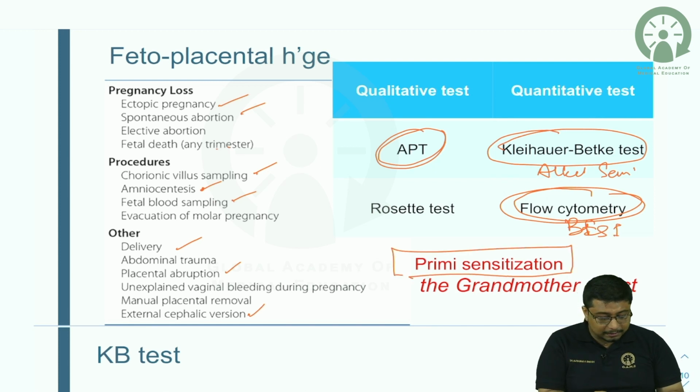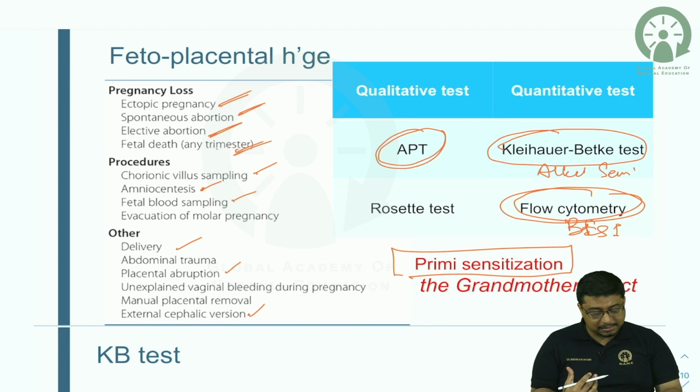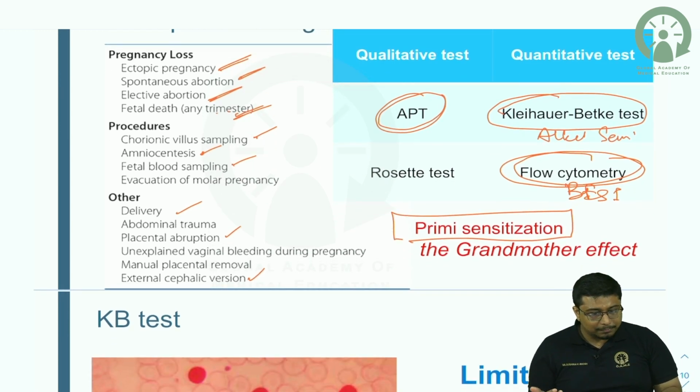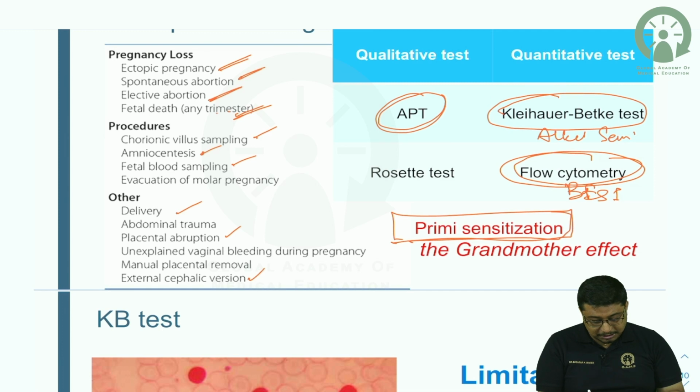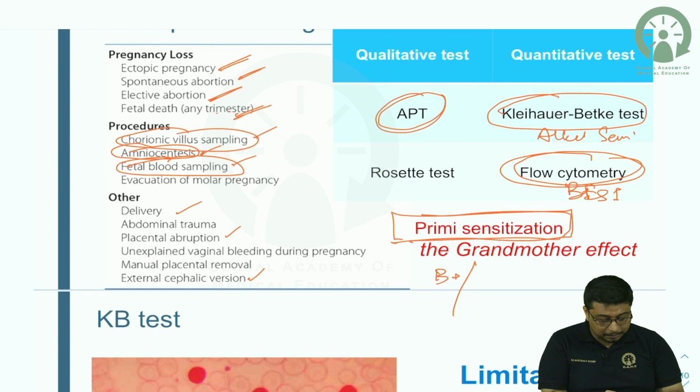So we saw that there are previous ectopic pregnancy, previous spontaneous abortion, elective abortion, fetal death at any trimester, all these events. So can a primi who has never been exposed to another baby before get isoimmunization? Yes, if she has received positive blood group before, or if she has undergone any of these procedures: amniocentesis, fetal blood sampling, chorionic villus sampling, or abdominal trauma, placental abruption, or an external cephalic version.